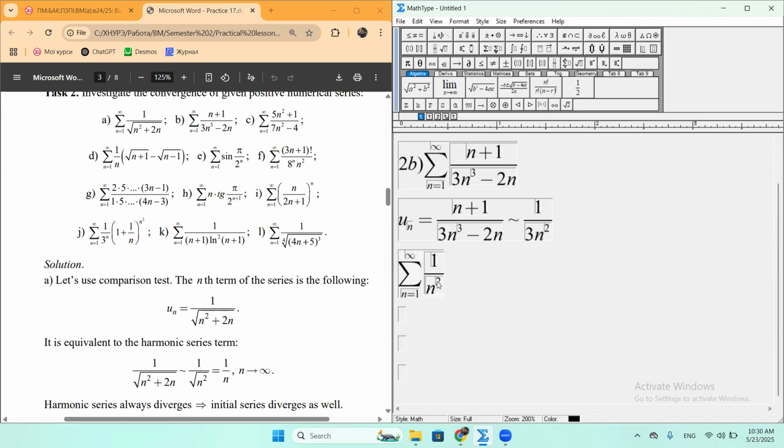So in our case, it's greater than 1. So this series is convergent, and this series is less than this series. This series is convergent, so the initial series is convergent as well.